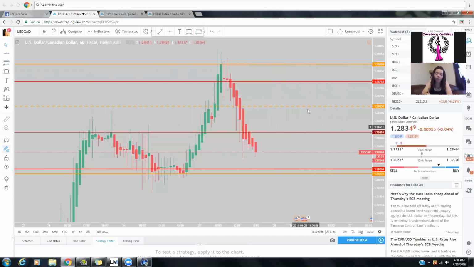So say for instance, if this orange line was my pending order, then you probably noticed that you'll get wicked in and then it runs the other way. Right. Yes.